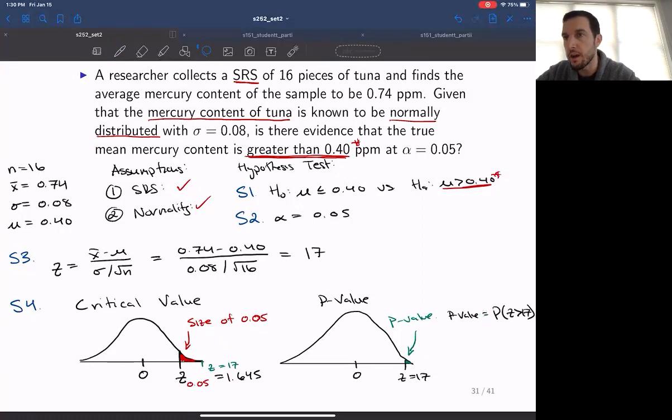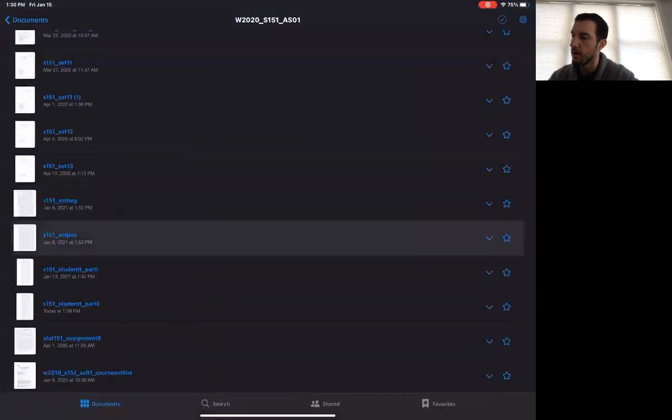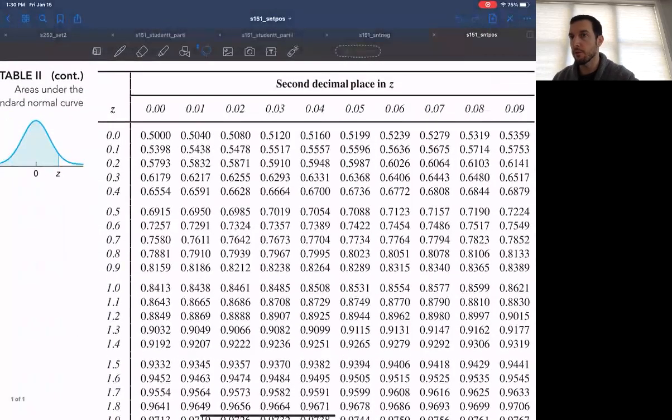It's just the area underneath the curve that is greater than 17. In order to work out this problem, we will require the standard normal table. What we're going to do is look up Z equals 17 on the axes of the table.